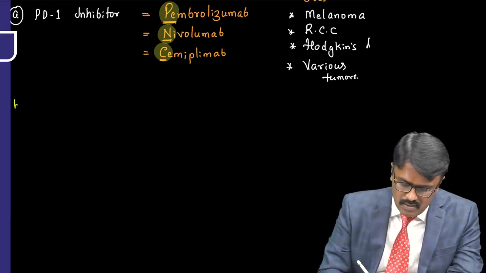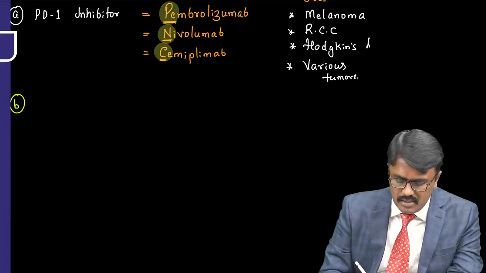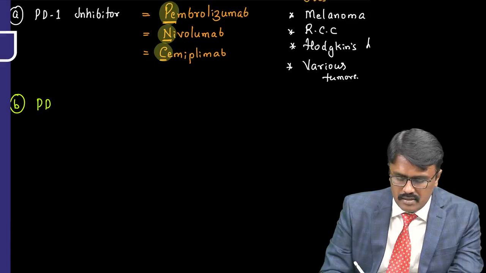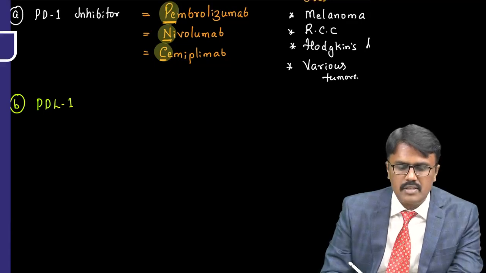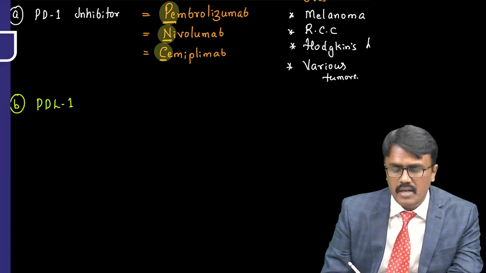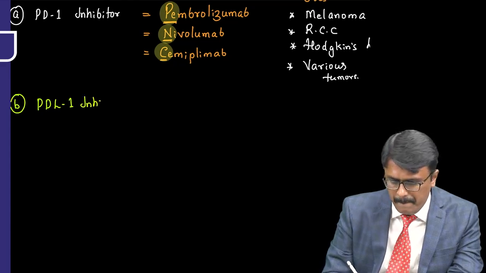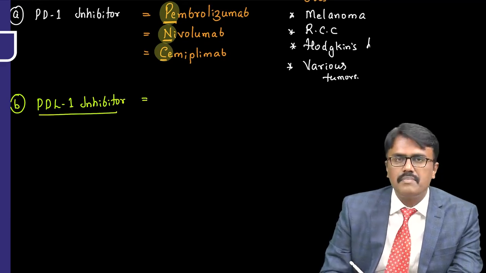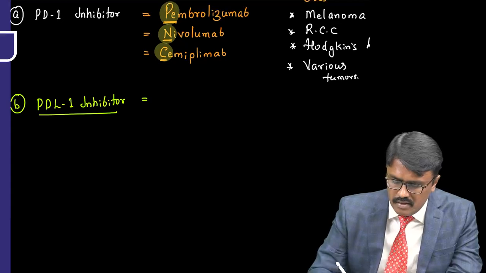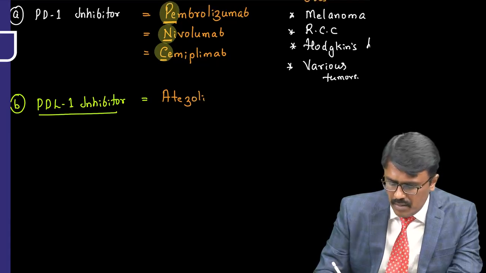Then the scientists also discovered one more thing, that is programmed cell death ligand 1 inhibitors. So it is called PDL1 inhibitor. So what is the name of them? They are called atezolizumab. I know that names are difficult, but don't worry.